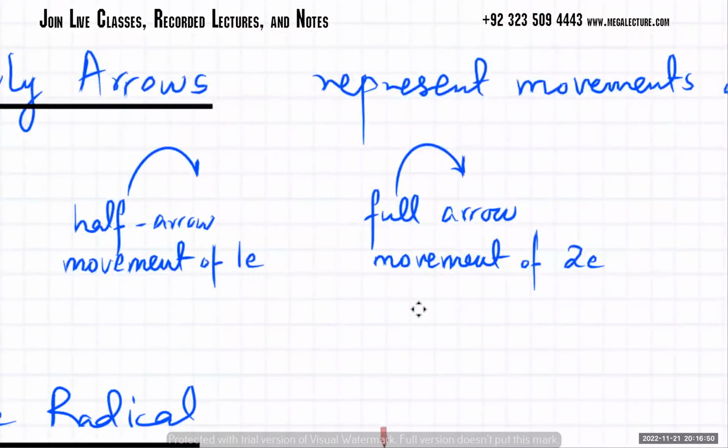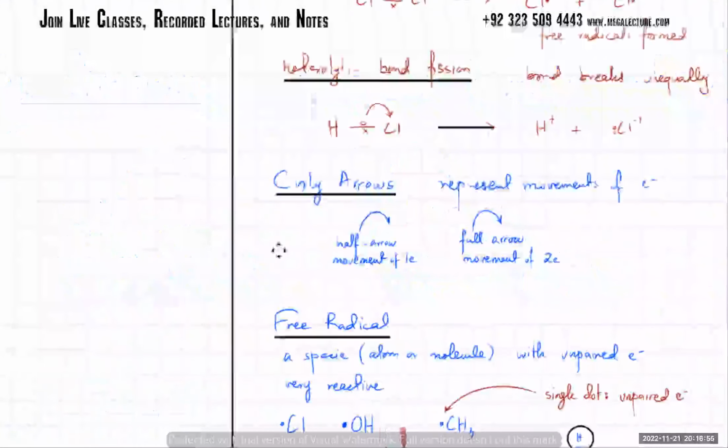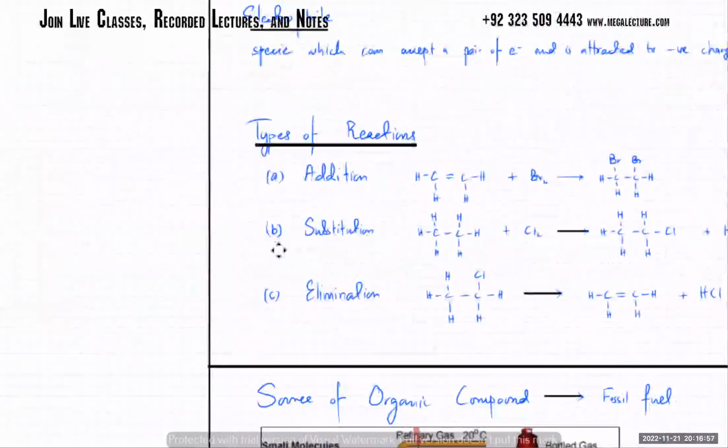A half arrowhead basically represents the movement of one electron.